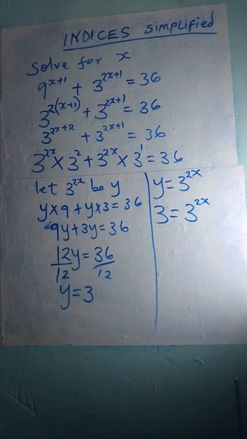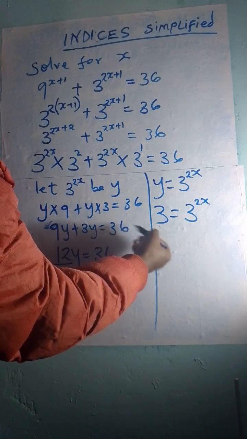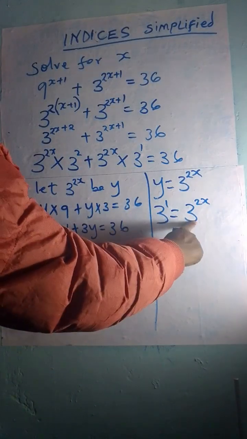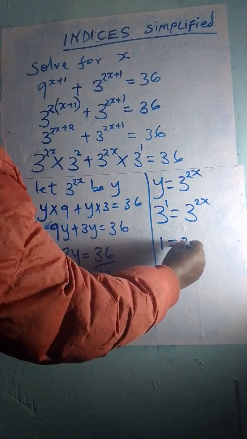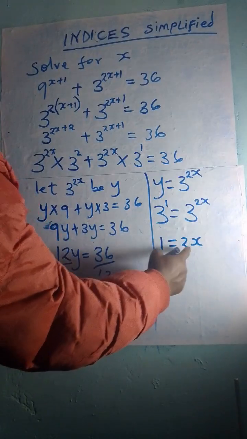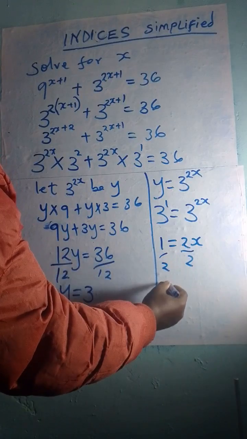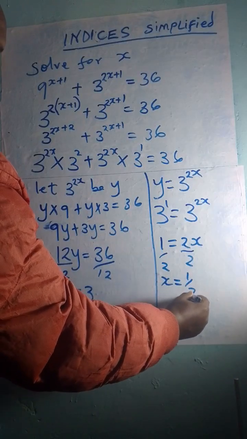Yes? Now, since any number which is written like this is always raised to power 1, and the bases are the same, you ignore the bases, and this is 1 is equal to x. Therefore, x is equal to 1.